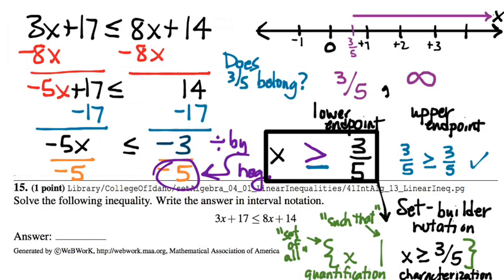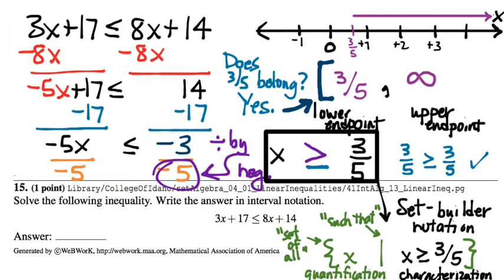And because that answer is yes, what notation do I want to use next to the 3/5 in my interval notation? A square bracket. There we go. The square bracket tells us that the number 3/5 itself is included in the solution.